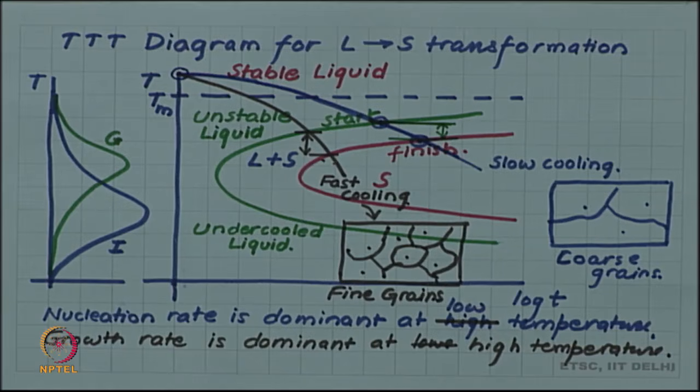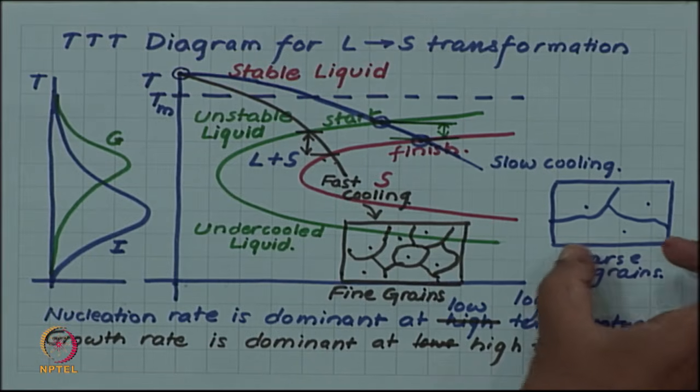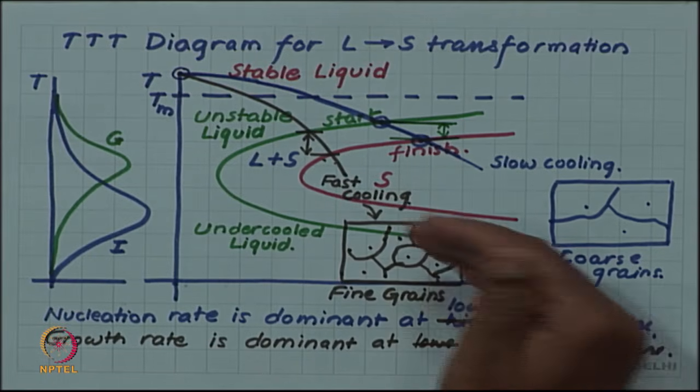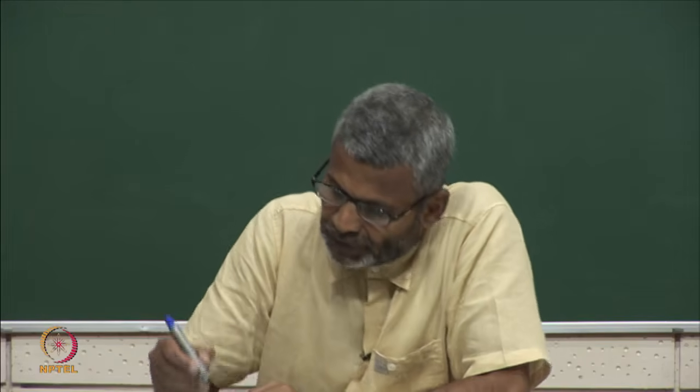So, this is a normal observation in the cooling of a liquid, that if you cool it slowly, then you have coarse grain. If you cool faster, then you have fine grains. We will end this with one more interesting case.